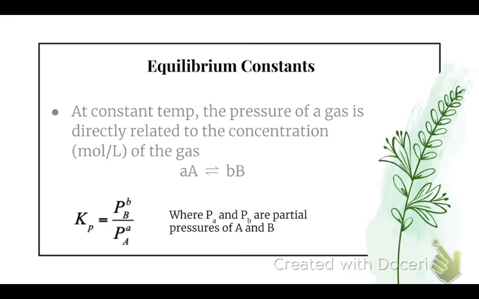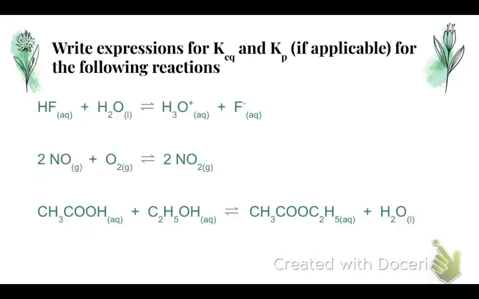Okay, so KP just stands for equilibrium using the pressures. So we're going to look at the expressions for KC and KP only if KP is applicable. Remember, everything in the reaction has to be a gas in order for us to use KP.